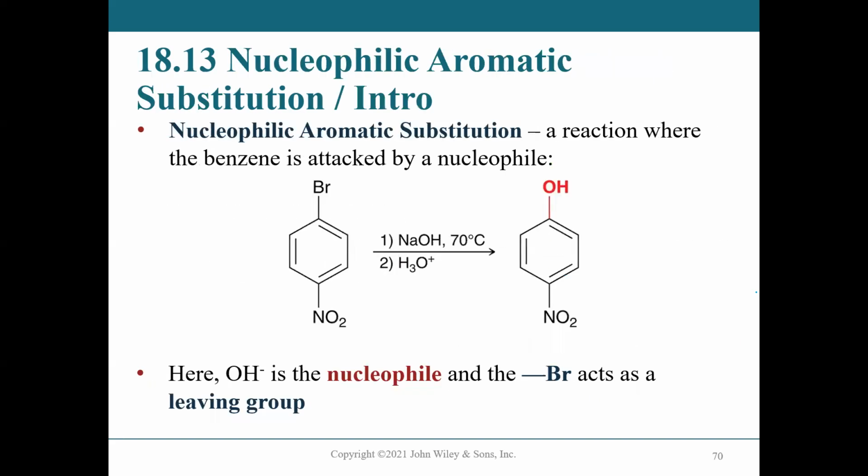So when we come to 18.13, it says a nucleophilic aromatic substitution is a reaction where the benzene is attacked by a nucleophile. Here the OH is a nucleophile and the bromine acts as a leaving group.